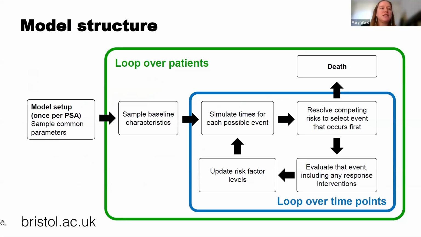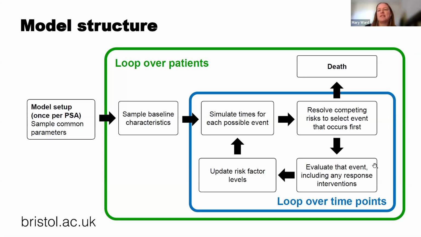Here's our model structure. We start with the model setup that's done every time, and then we go into the loop over patients, so we sample their baseline characteristics. Then we go into our loop over all the time points in the model. So we simulate times until each possible event. We then resolve the computed risks and select the event that occurs first.